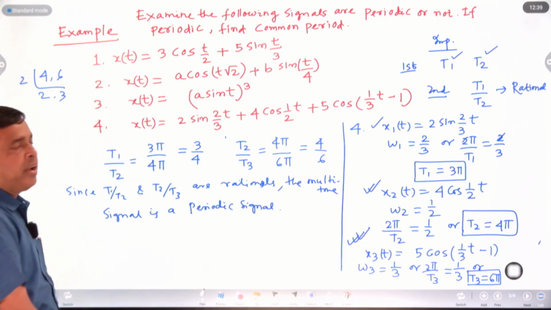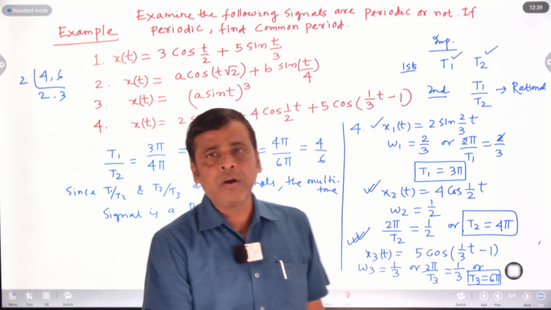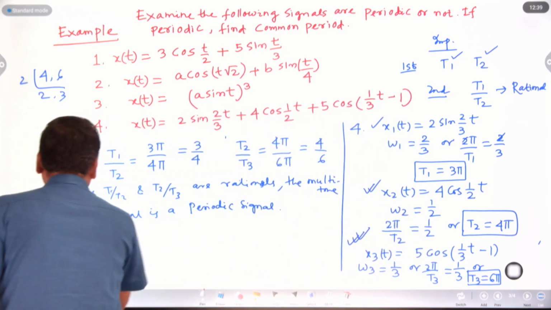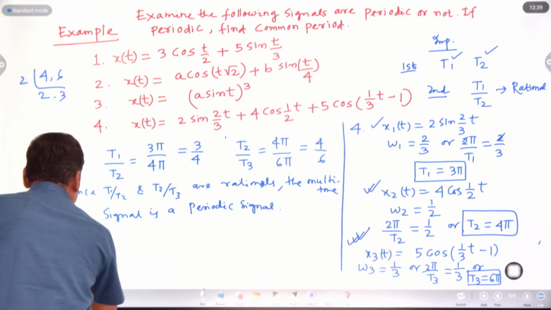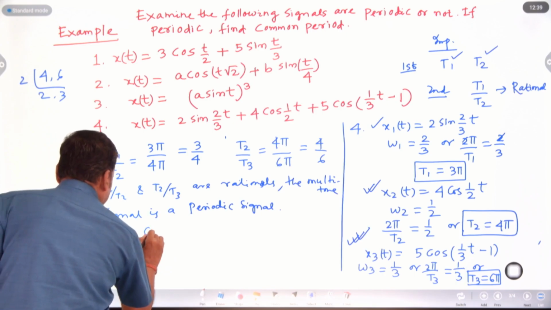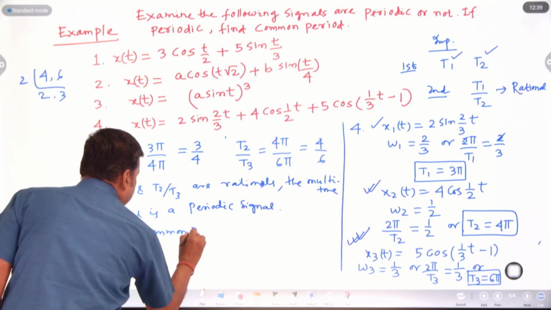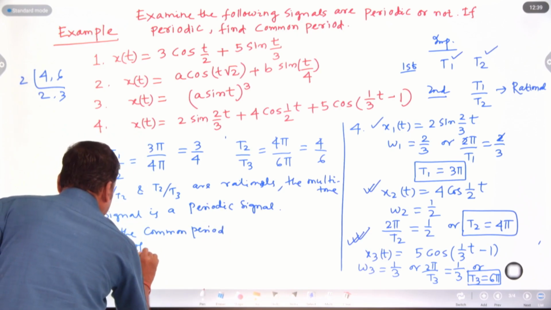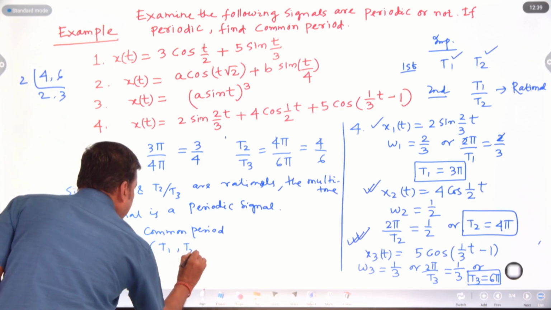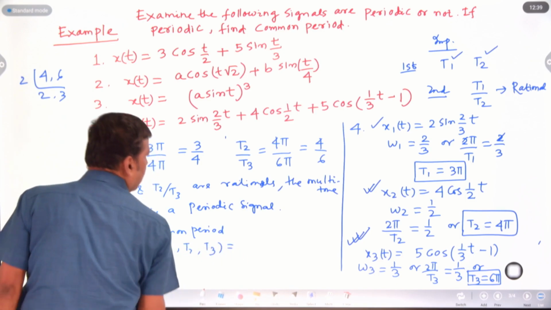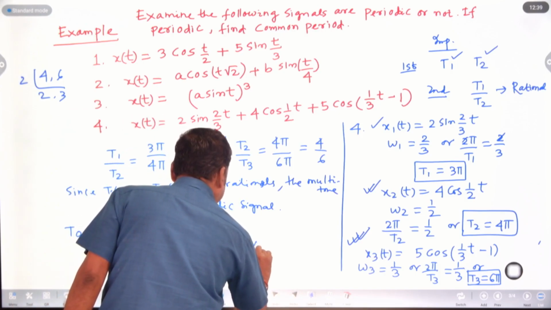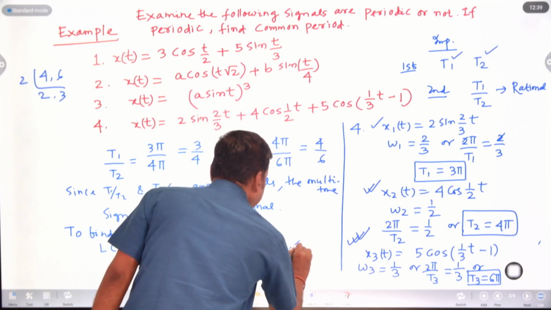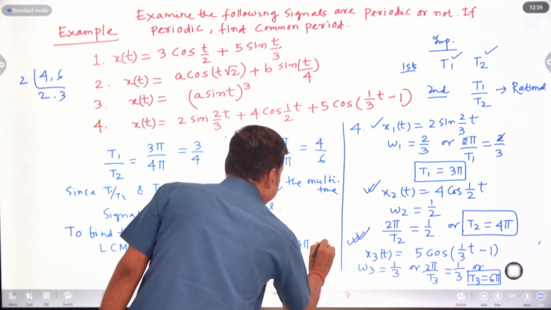Then to find out the common period, take the LCM of the 3 fundamental periods T1, T2 and T3, which equals the LCM of T1 value 3 pi, another is 4 pi, another is 6 pi.